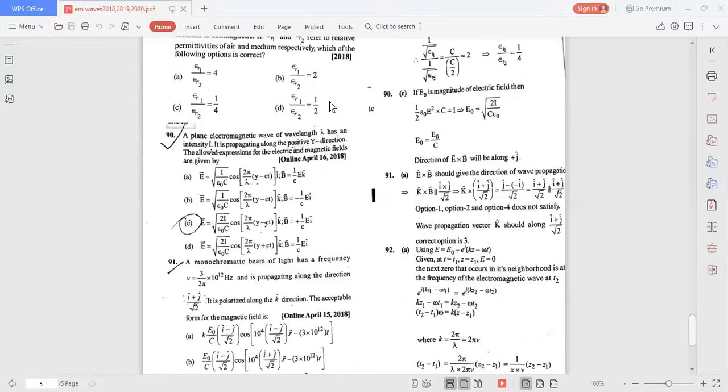Have you seen the 90th problem? Now all of you look at the board.